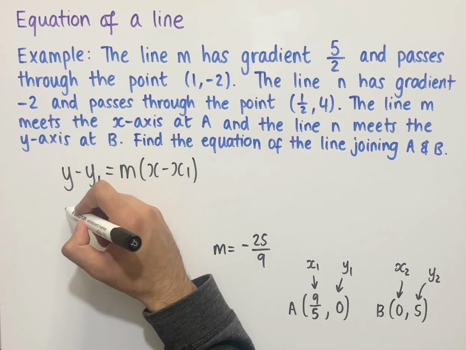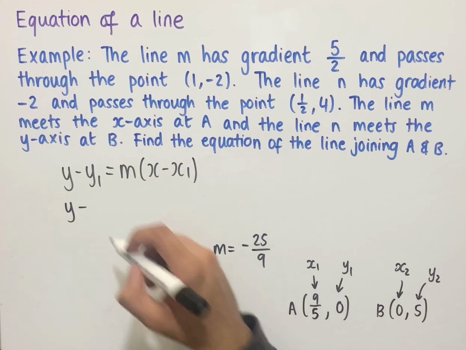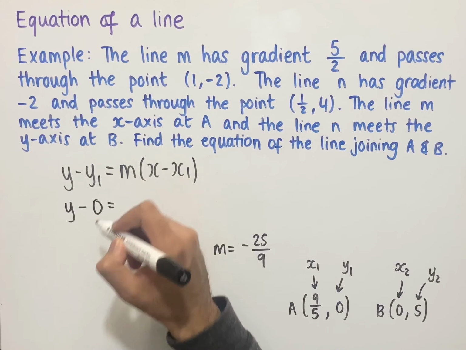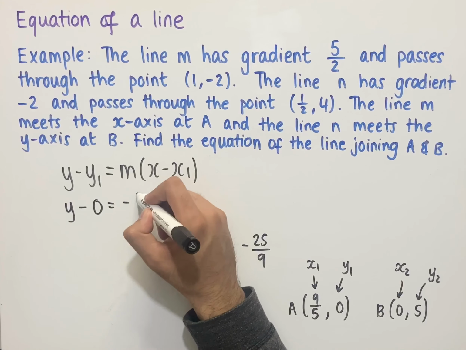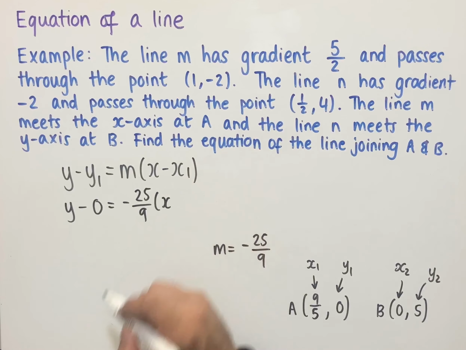In this case, let's use the point A. So y1 is the y coordinate of A, which is 0, which equals m, which is minus 25 over 9, and then in brackets x minus x1, so the x coordinate of A, which is 9 over 5.